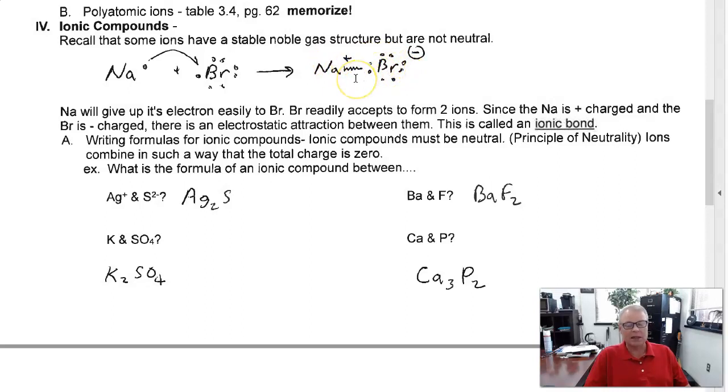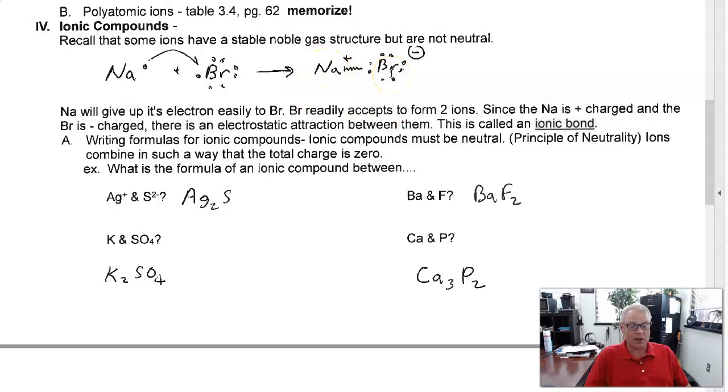And folks, that is an ionic bond. Sodium bromide is called an ionic compound because it contains an ionic bond. Now, what's the driving force here for staying together? Well, this sodium has a nice noble gas structure.